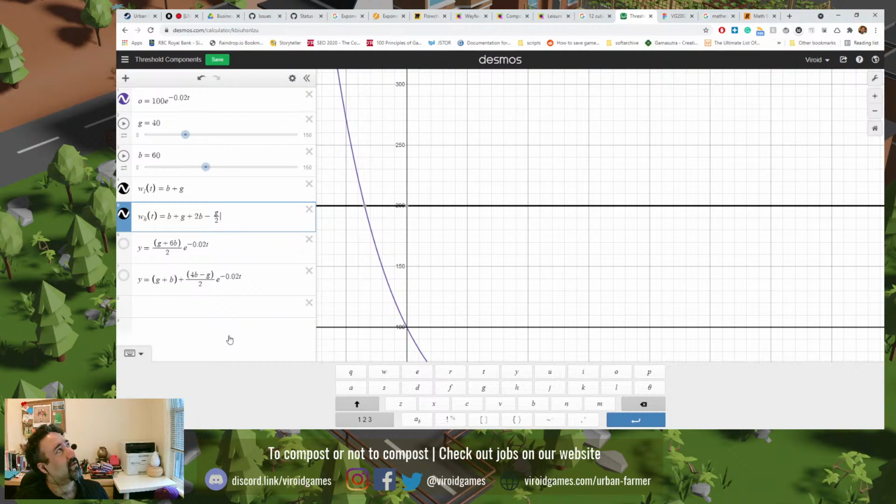When you have a pile of 100 liters, so it is really 60 plus G over 2.